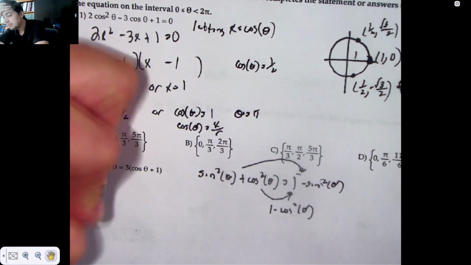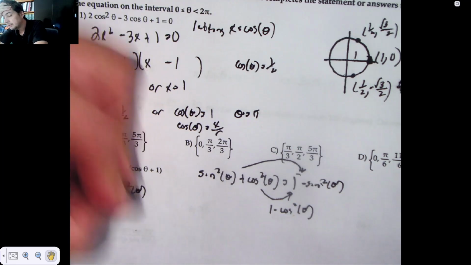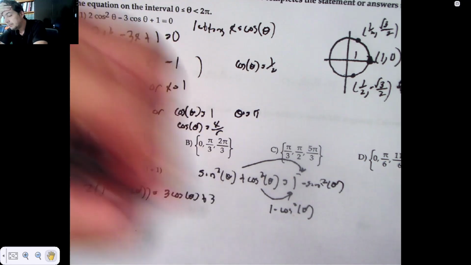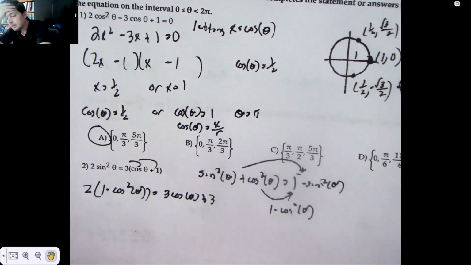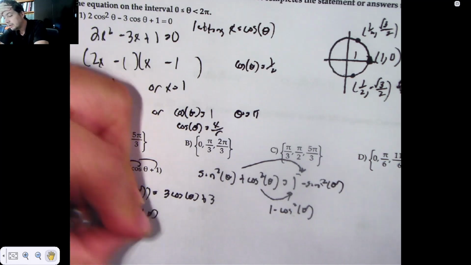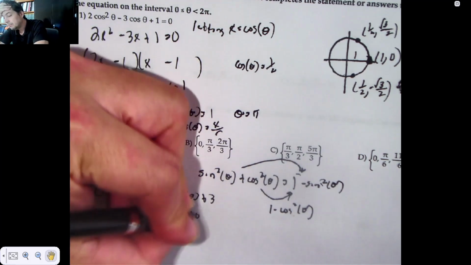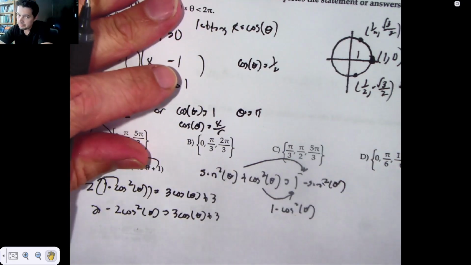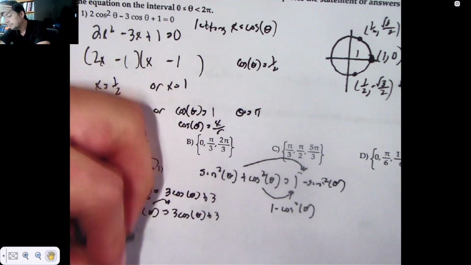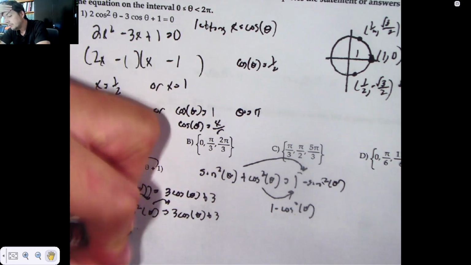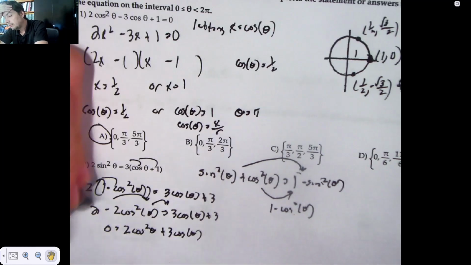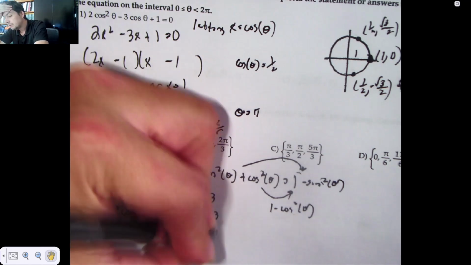So 2 times 1 minus cosine squared of theta is 3 cosine of theta plus 3, because I know how to distribute. 2 minus 2 cosine squared of theta is 3 cosine of theta plus 3. Shift everything right, actually, on this one. All of them go right. So 0 is 2 cosine squared of theta plus 3 cosine of theta. And then when the 2 moves over, 3 minus 2 is 1, so plus 1.